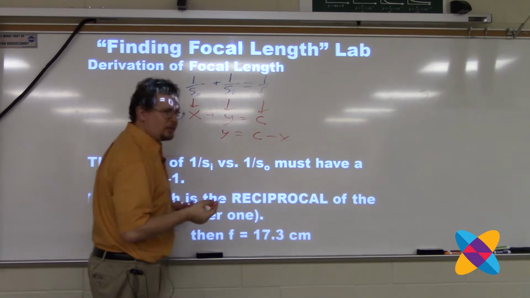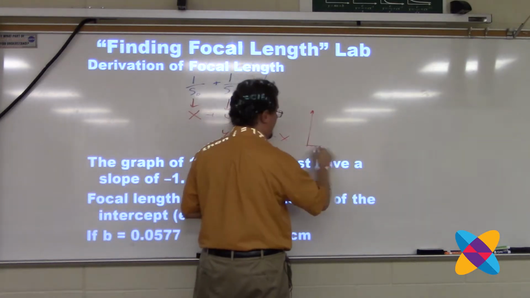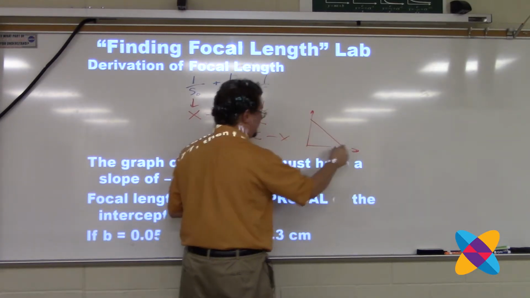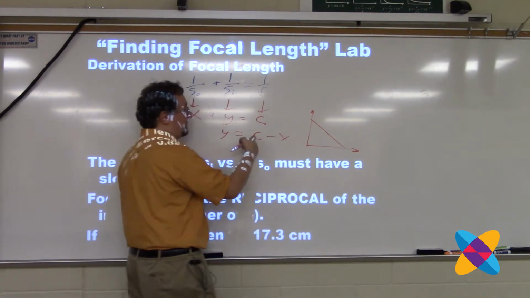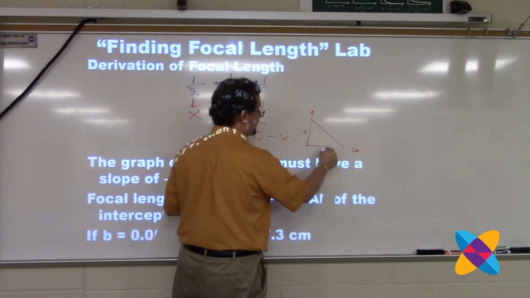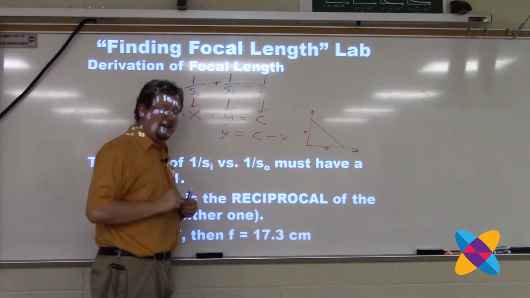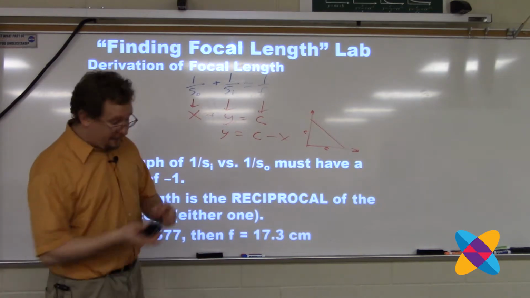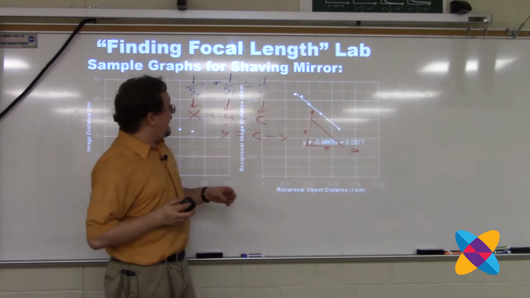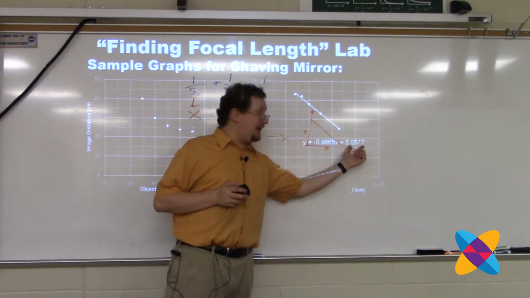Well, what is y equals C minus x? It's a graph with a slope of -1. That's a -1 slope. And where C is both the horizontal and the vertical intercept. So on the graph I just showed you, the C would be 0.0577.